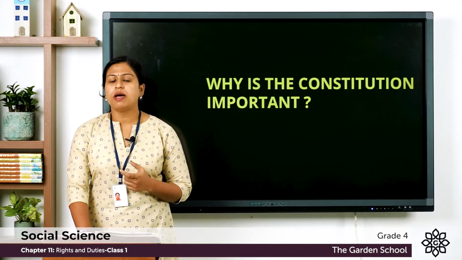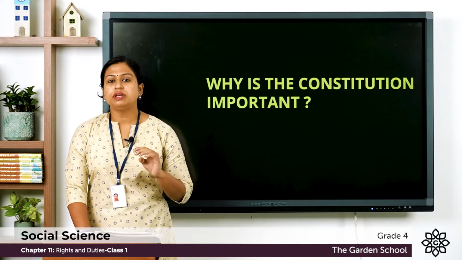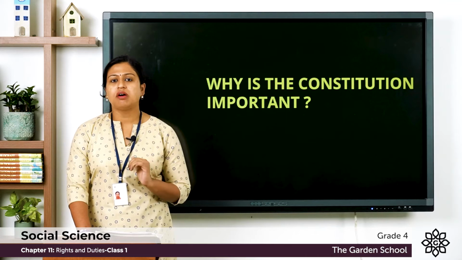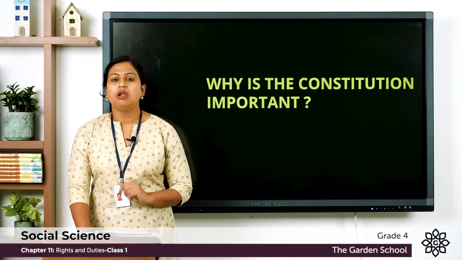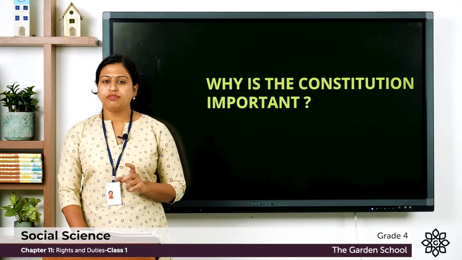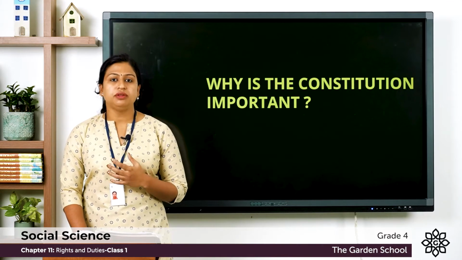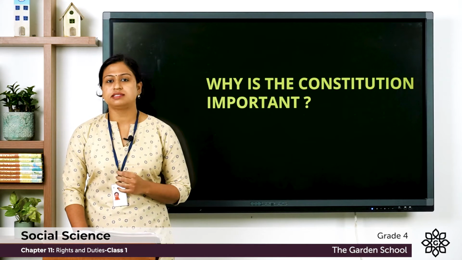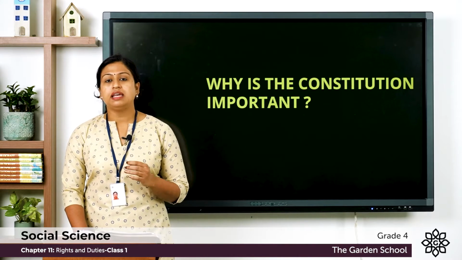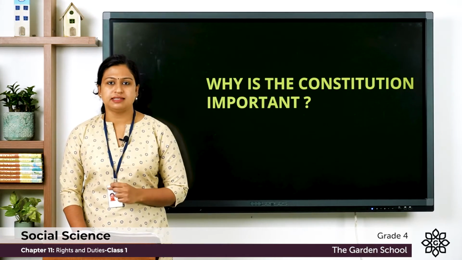And it also provides that these powers are divided into 3 levels, that is central government, state government and local self-government. Now, this Constitution of India also provides certain rights and duties to all the citizens of the country, and it helps the people to become a better citizen.